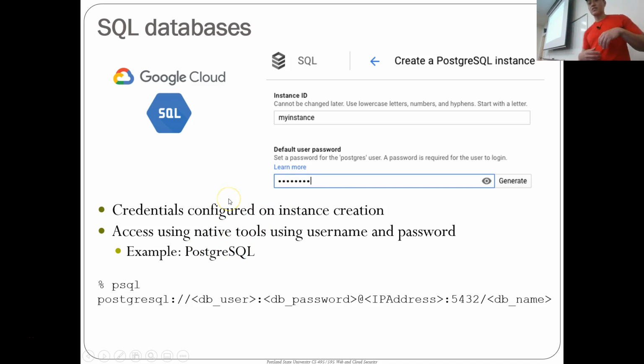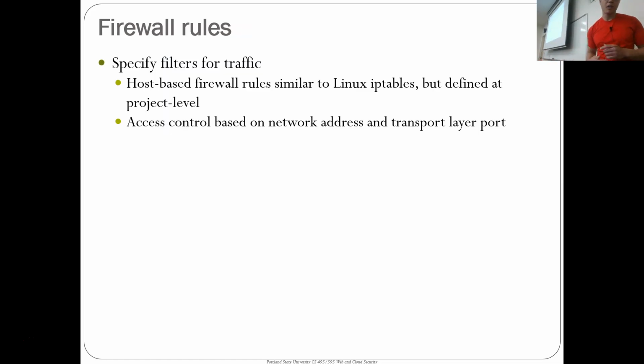This basically sets you up a pre-configured Postgres SQL server, and it'll give you an IP address. So it's actually bound to a virtual machine. This is traditional Postgres access to that database, where you give it a user, a password, and an IP address, and that's the Postgres port, and then you have a name. So this is for legacy operation.